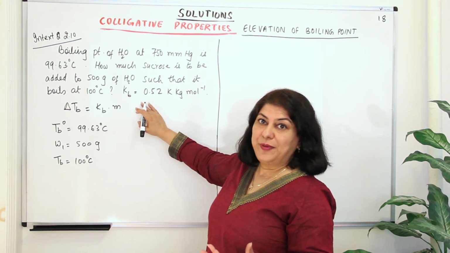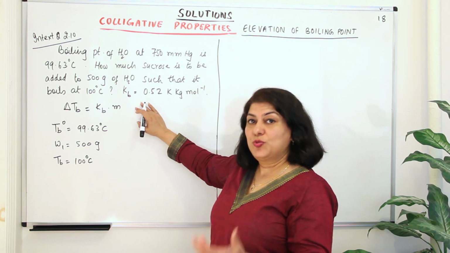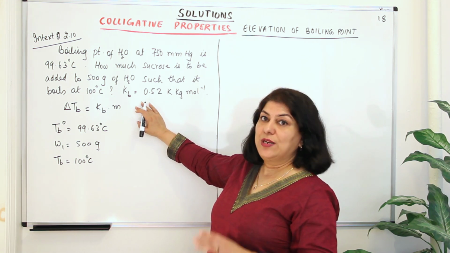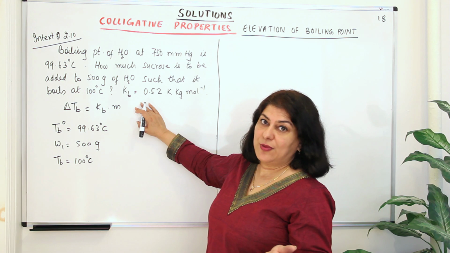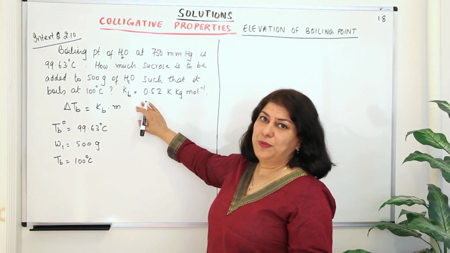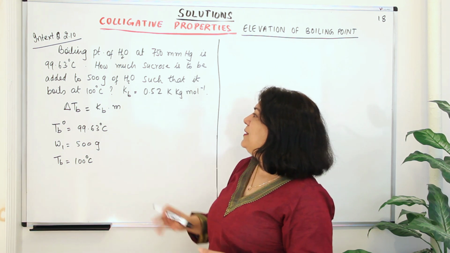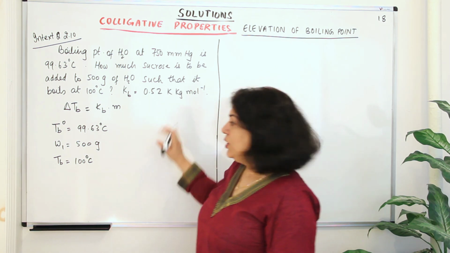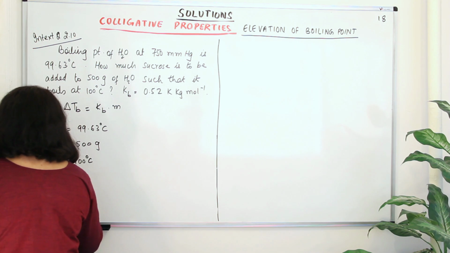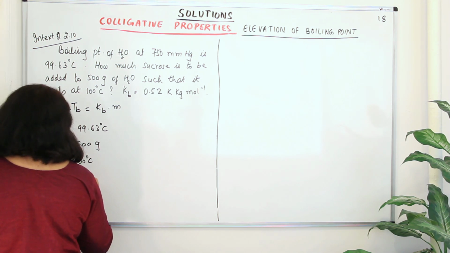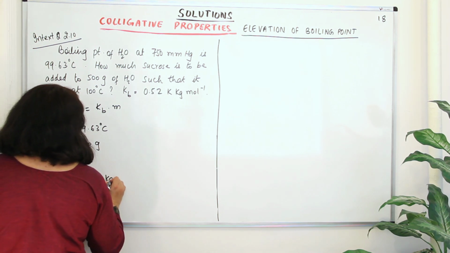That is just a little practice of how when scientists work, they really don't have these values. They have to refer to the tables to get these values. So that is sometimes done on purpose to give you a taste of what it is like. But otherwise the value of Kb for water is 0.52 Kelvin kg per mole.